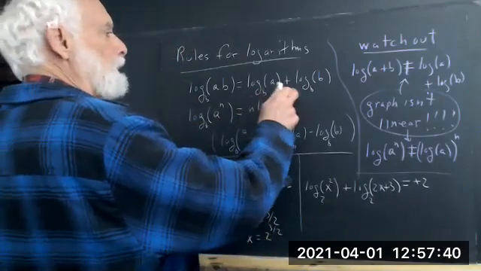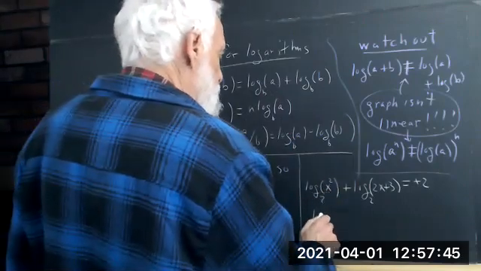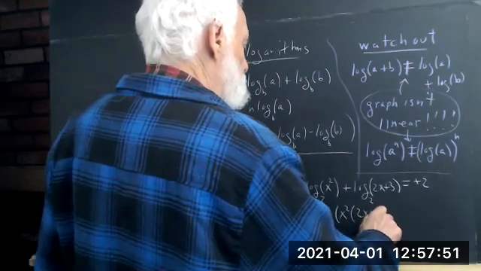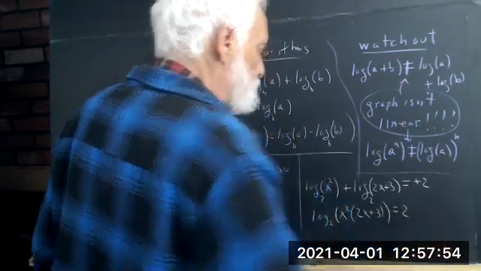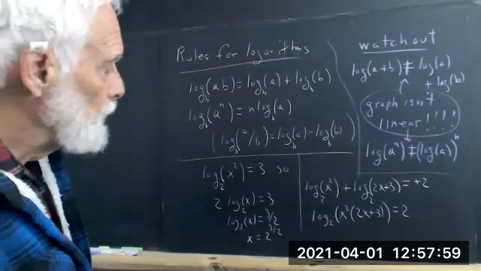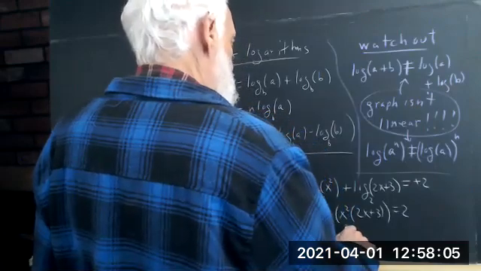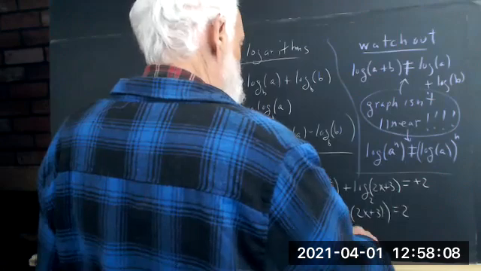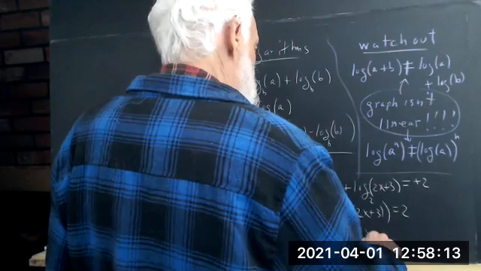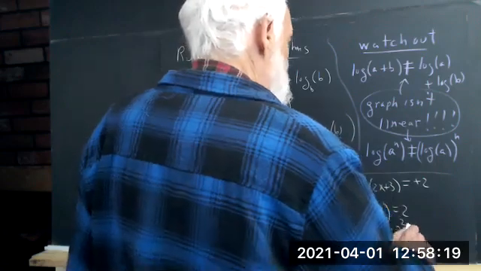Are in this form. So now we know that this can be written as log base 2 of x squared multiplied by 2x plus 3 equals 2. So that x squared multiplied by 2x plus 3 equals 2 to the second power.